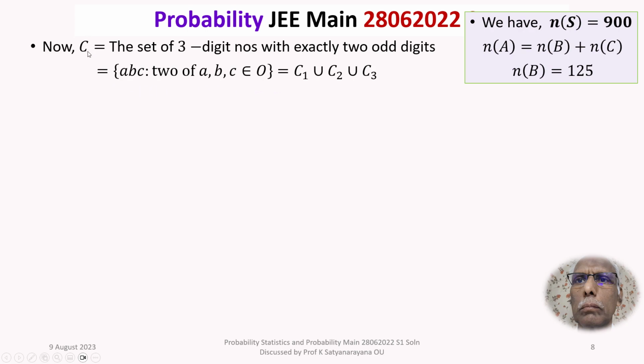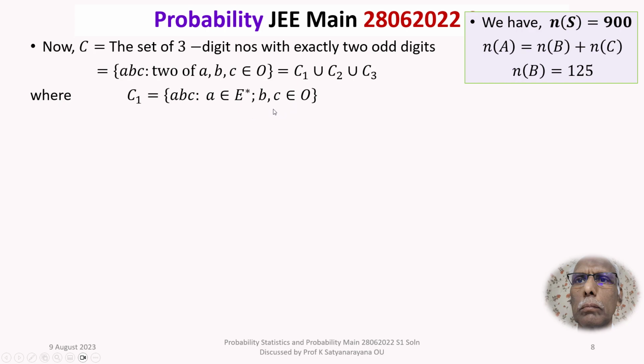Then this C is partitioned into C1 union C2 union C3, where C1 is the set of 3-digit numbers ABC where A is even. A belongs to E star because A cannot be 0. Therefore, A belongs to E star. A is even. The remaining B, C are odd.